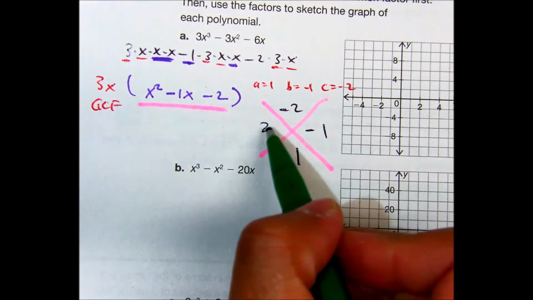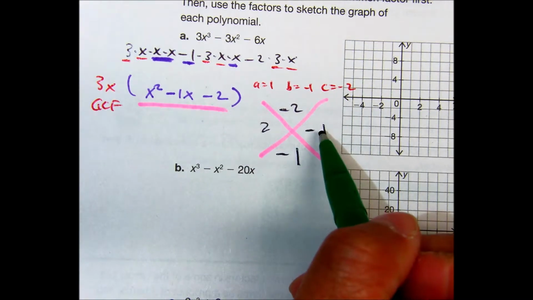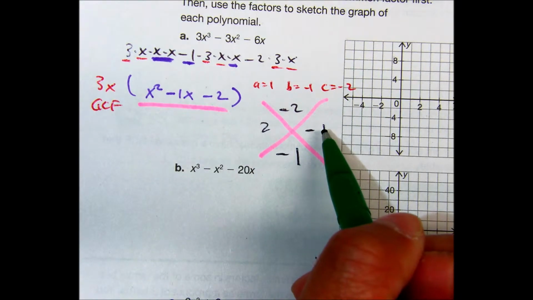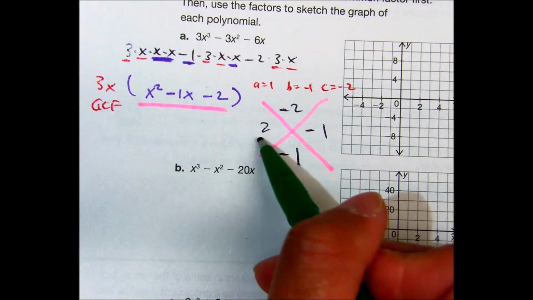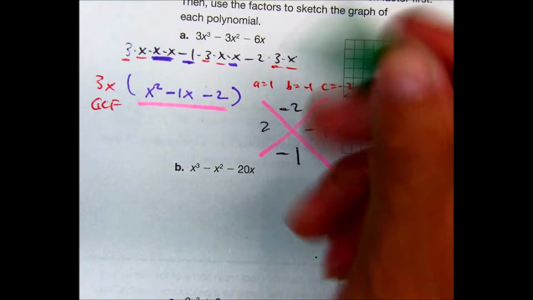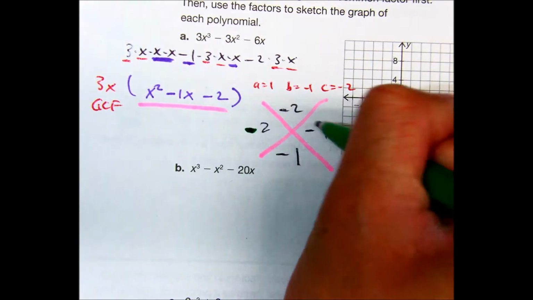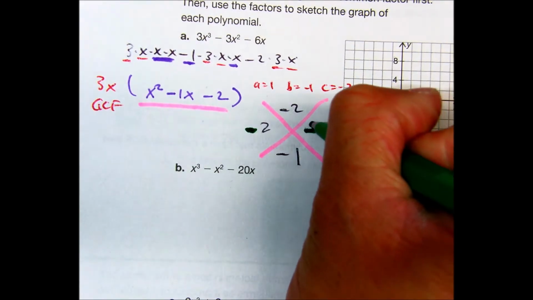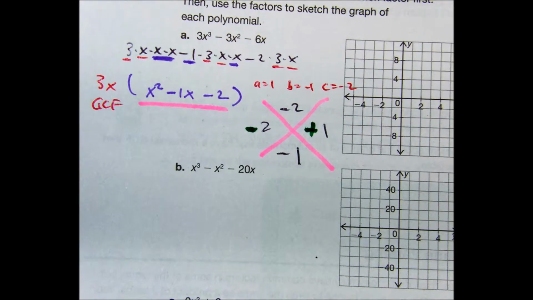So 2 plus negative 1, or you might read this as 2 minus 1. So the 2 would be negative. Thank you, Miss A.